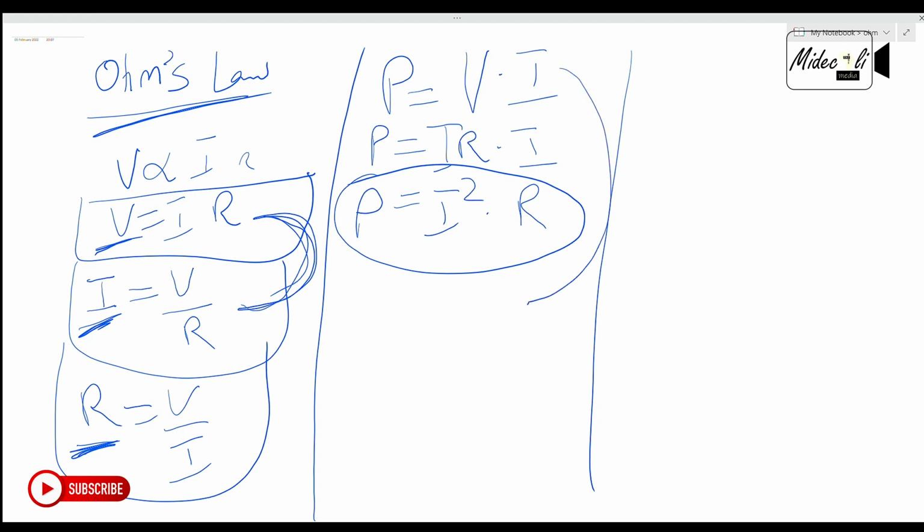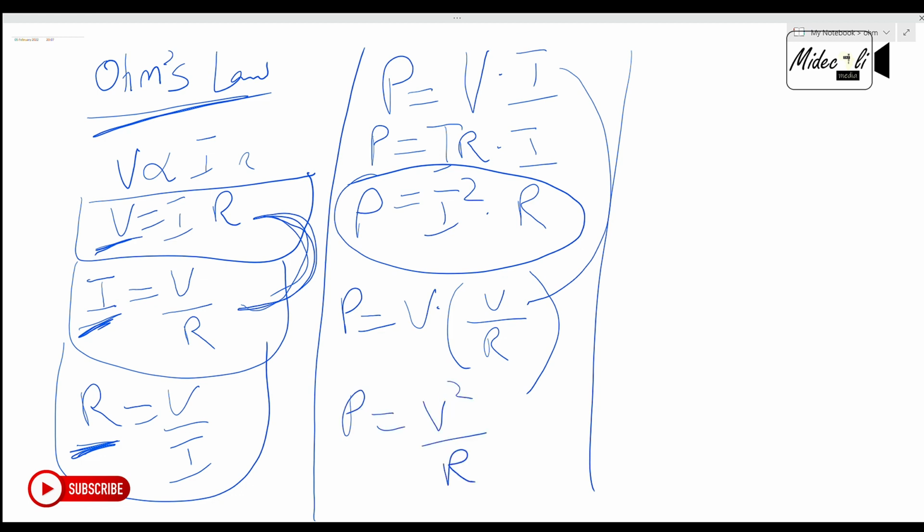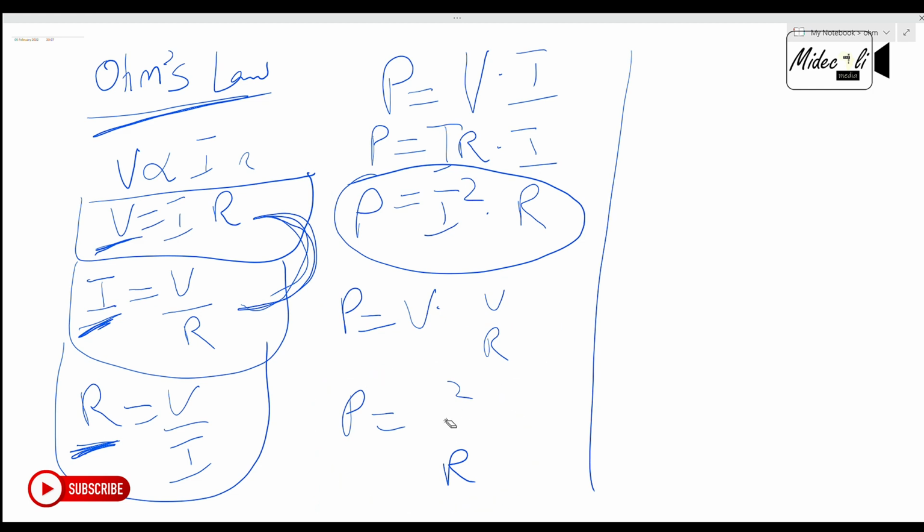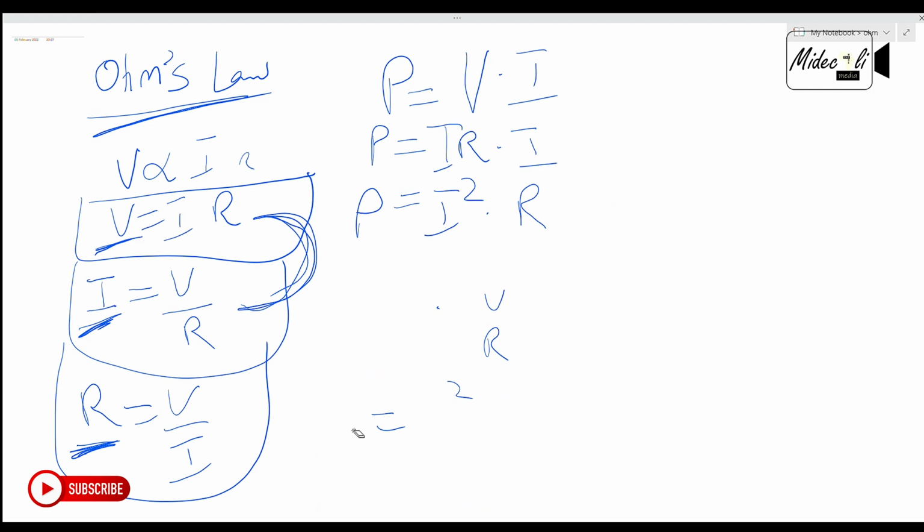Or we could substitute our I by saying P is equal to V times V over R, which is P is equal to V squared over R. Another equation for power. But let's leave this. I don't think we need this now.